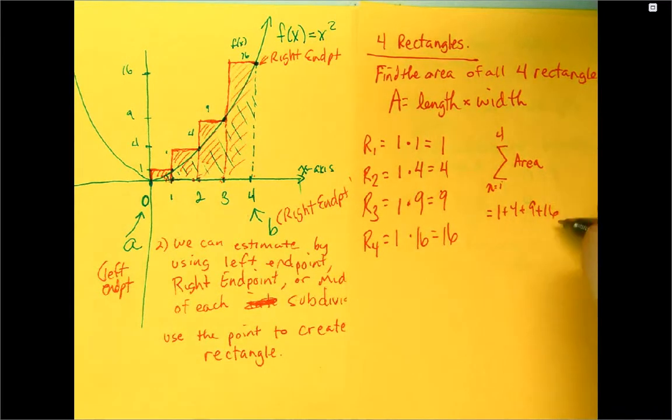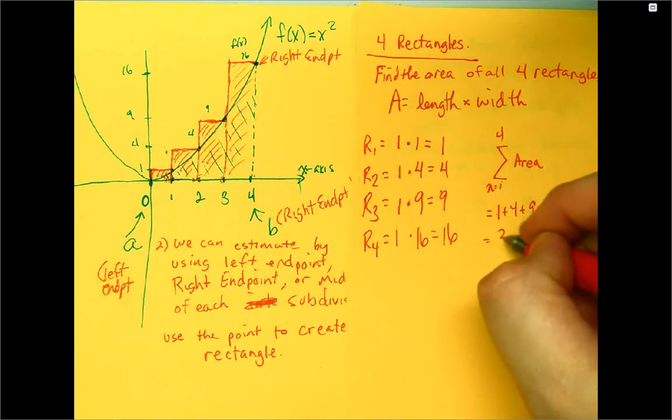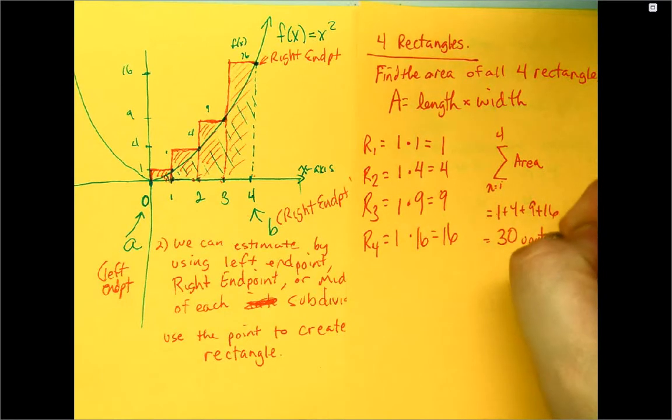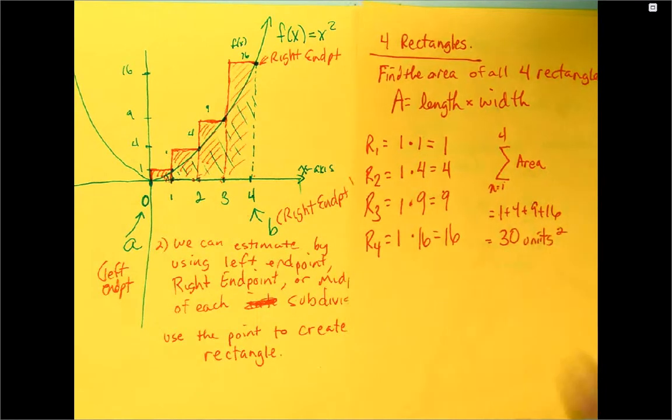Which is what? 25, 26, 30? So 30 units squared. Now, that's an estimation using the right endpoints.